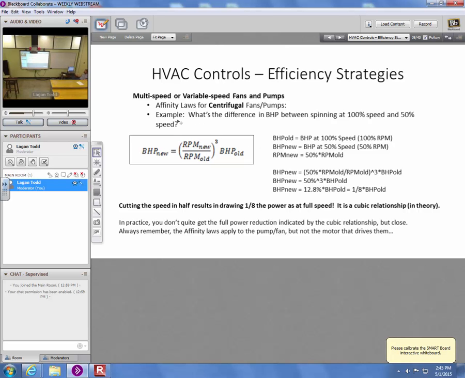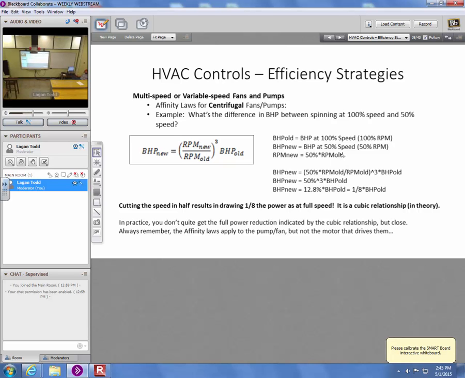And so as an example, if you use this equation to look at the difference in brake horsepower between spinning at 100% speed versus 50% speed, that means we're saying RPM new in this equation is 50% of RPM old.